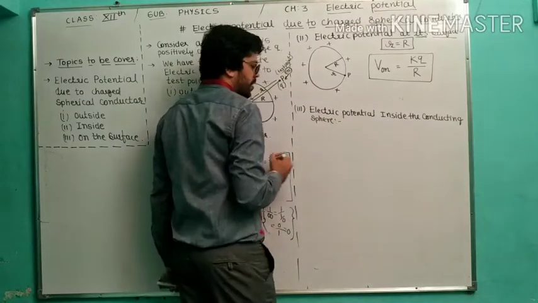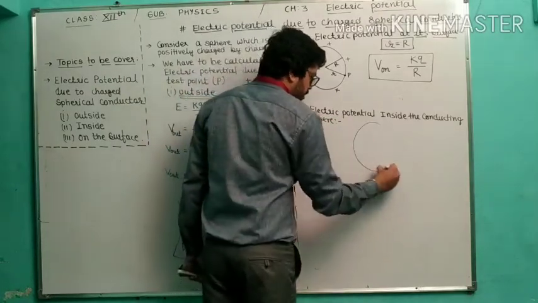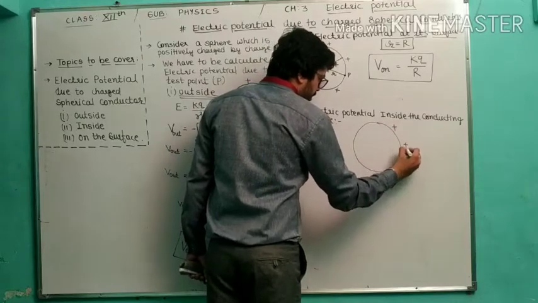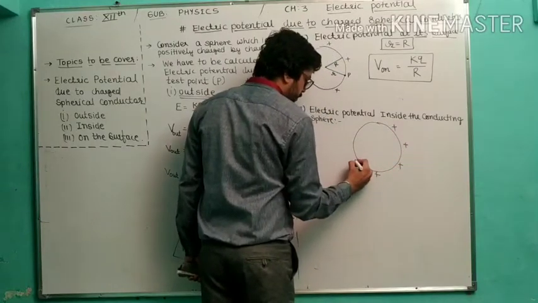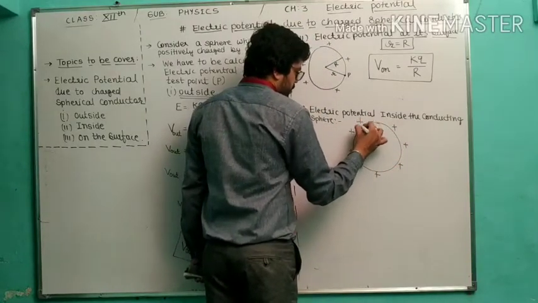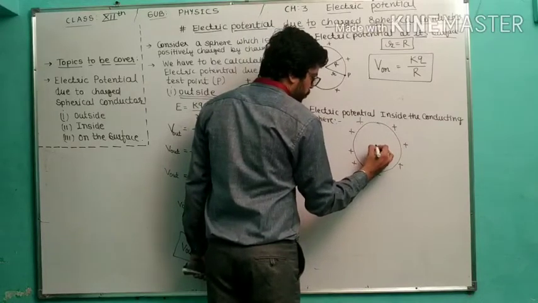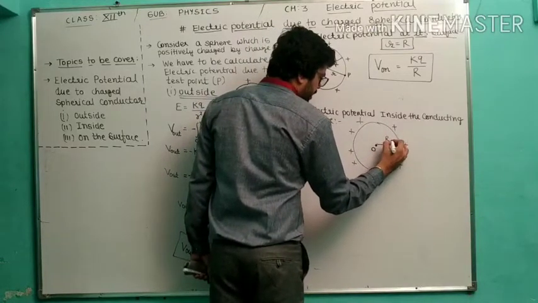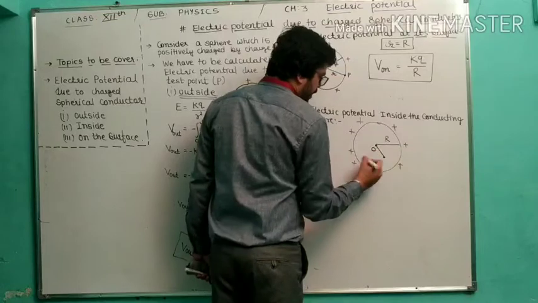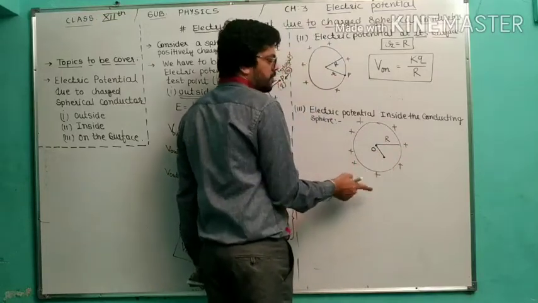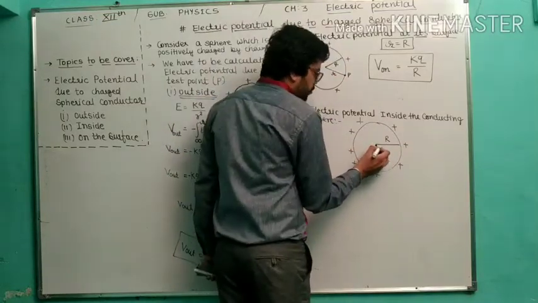This is your sphere with positive charge distributed, and here is the point O. This is the original radius R. Now we are taking the test point inside, not on the surface of the sphere. So this is small r.